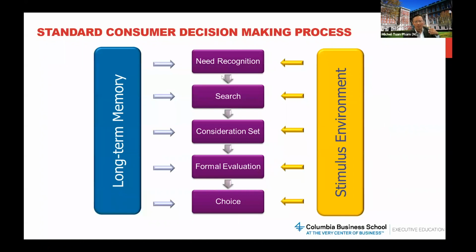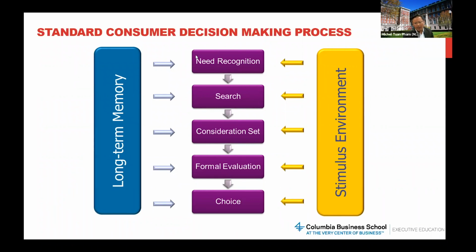That search can be done by doing research online, talking to friends, etc., doing a little bit of scouting of different retailers, or it can be simply searched based on what they know from the marketplace, search in their own memory, and then they'll narrow down a set of options to a smaller set that we call the consideration set. And then there will be the formal evaluation, that is the things that we talked about in the preceding question, and make a choice.